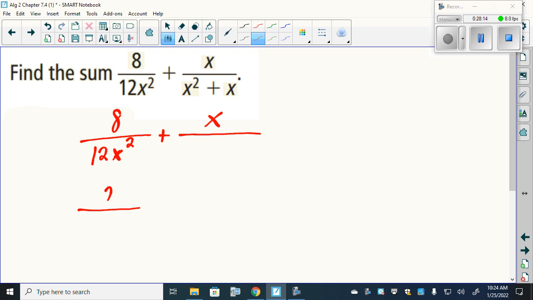So that would be 2 over 3x squared. Can we do anything with the x squared plus x? We can factor an x out, which would leave us with x plus 1.